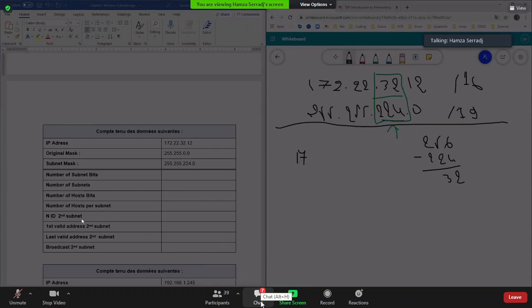He's asking for the second network ID, not so far. 172.22.0.0, 172.22.32.0. Well, this is the first one, this is the second one. I'm gonna need the third one to generate the broadcast of the second one and the last address.